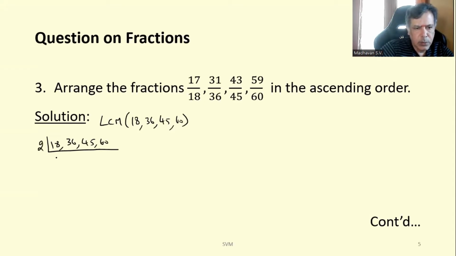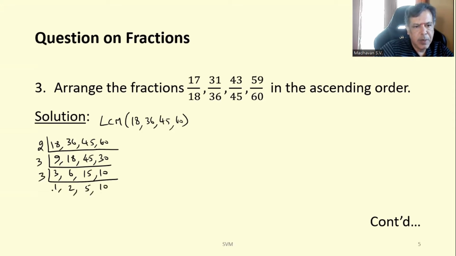Let us consider 2: 2 9s are 18, 2 18s are 36, 45 cannot be divided, this will be 30. Further 3 will take, 3 3s are 9, 3 6s are 18, 3 15s are 45, 3 10s are 30. We'll take once again 3, 3 1s are 3, 3 2s are 6, 3 5s are 15. This cannot be considered, 10. Now we'll consider 5, 1, 2, 1, 2.